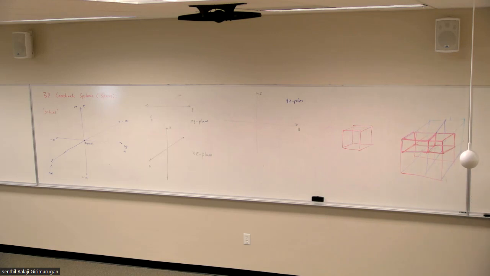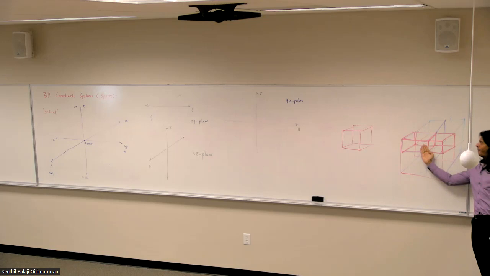Second octet. Third, fourth, one behind, behind. 4, 4, 8. Good. So you have 4 cubes stacked, and you end up getting 8 octets in a 3-dimensional space.